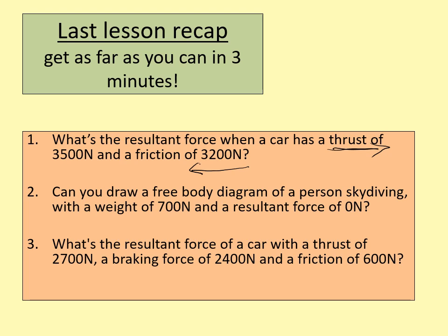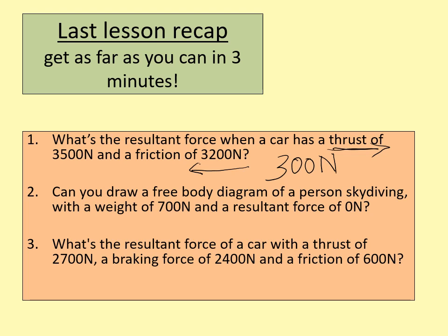So there is a forward force of 3,500 Newtons and a backward force of 3,200 Newtons. So what will be the resultant force? You have two forces acting in opposite directions, so the resultant force should be 3,500 minus 3,200, which is 300 Newtons. Okay, is that what you got?